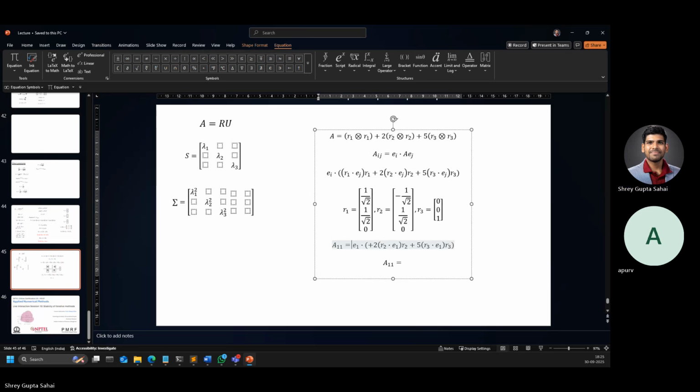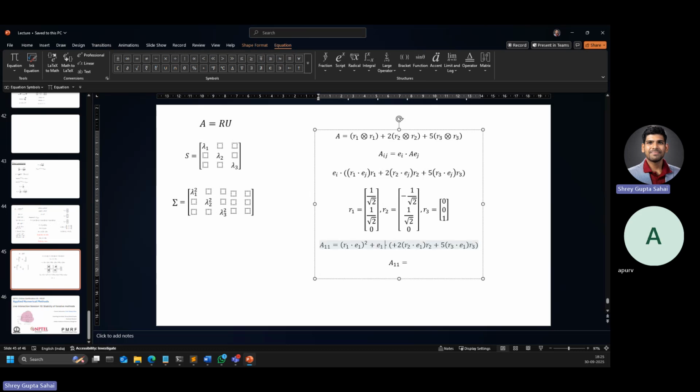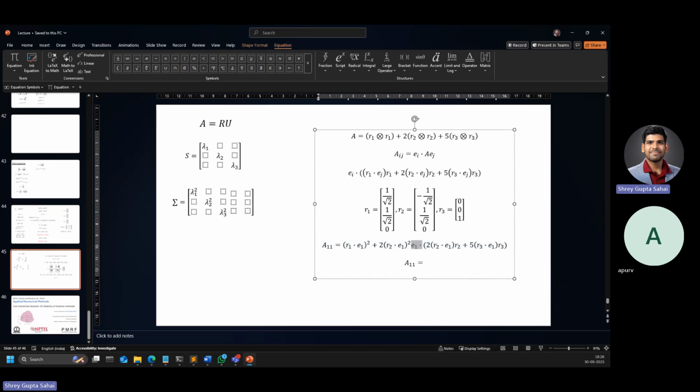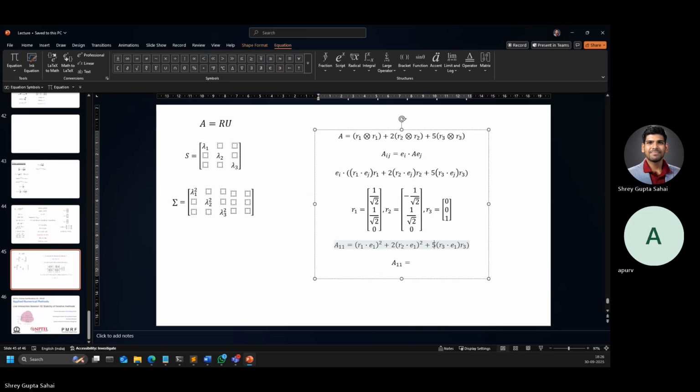Plus then you have R2 E1, R2 E1 square. Yes, R2 E1 square. And similarly, 5 plus R3 E1 square, right?